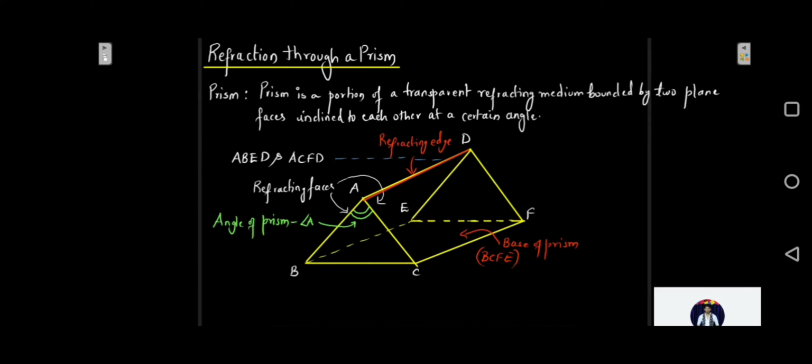If we want to draw a principal section, it would be just a triangle, as good as a front view of the prism. It would look something like this. So this would be called the principal section.